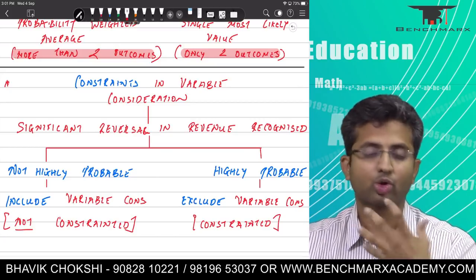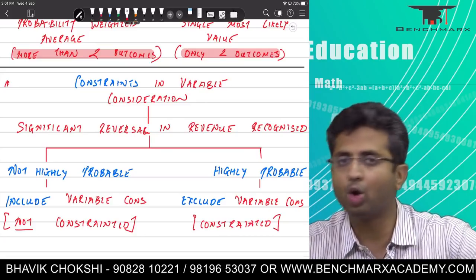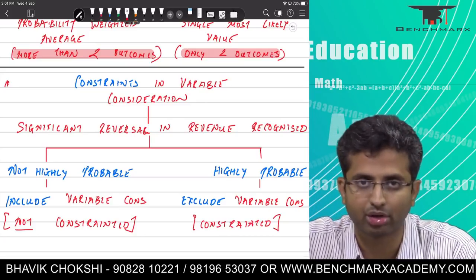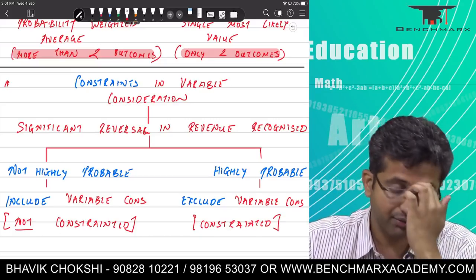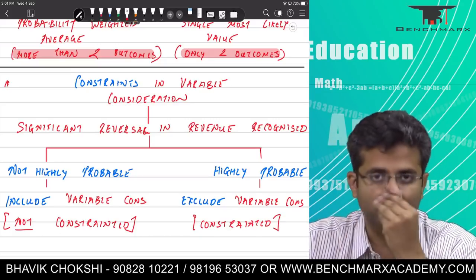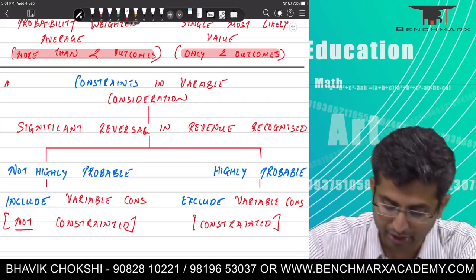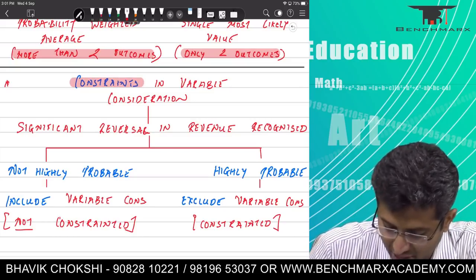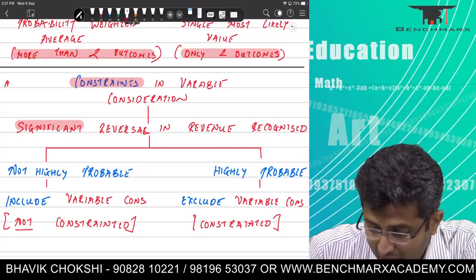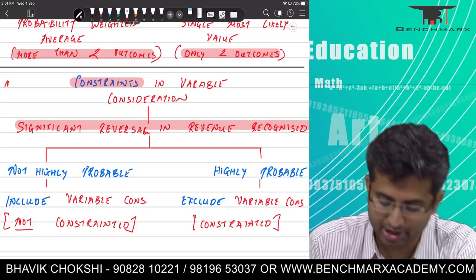However, if you are quite confident that the revenue you recognize now will not have to be reversed in the future, that is when you think that it is not constrained, not restricted, in which case you will recognize revenue and include variable consideration as a part of the transaction price. So what is constraint? Constraint in variable consideration means a significant reversal in revenue already recognized.